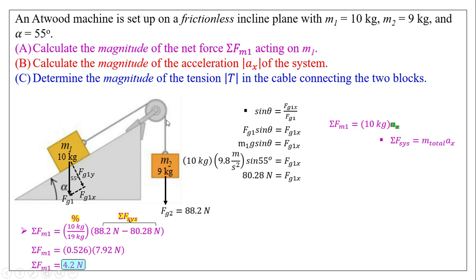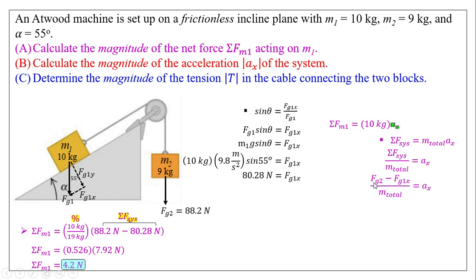And is there an opposing force against the motion? Well, in this case, there is. It's F of g1x that's pointing down the ramp, which acts against the object's motion. So therefore, in order to solve for a, I would just divide both sides by m total. So we have a is equal to net force of the system divided by m total. But net force of the system is easy.